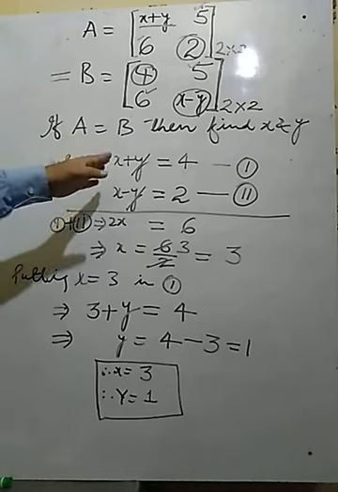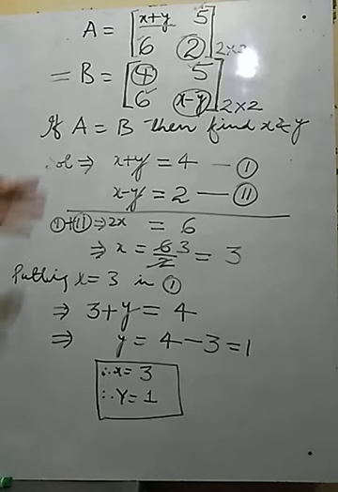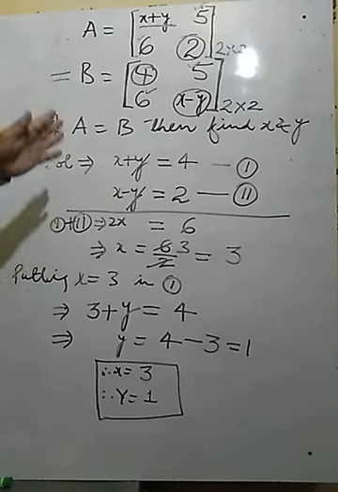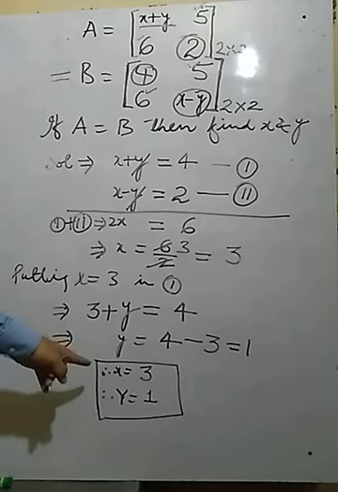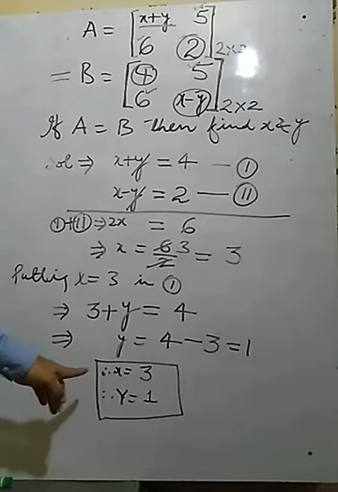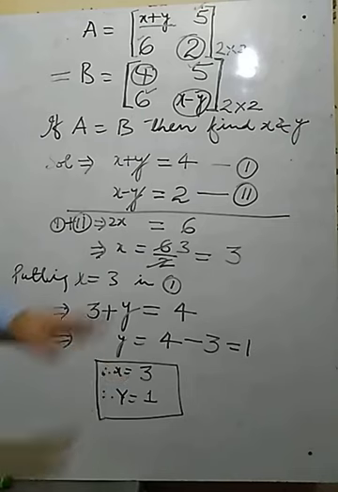Sometimes we get two equations. On the basis of the equations, we try to solve and we get the result. Now you have the value of x equals 3 and the value of y equals 1. This is your answer. By this method, we can solve any type of question related to equal matrices. I think you understand. Thank you. Have a nice day.